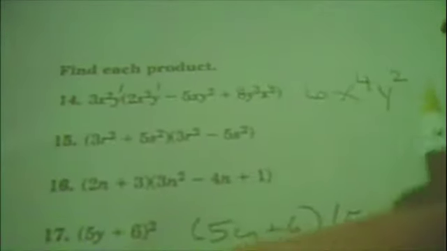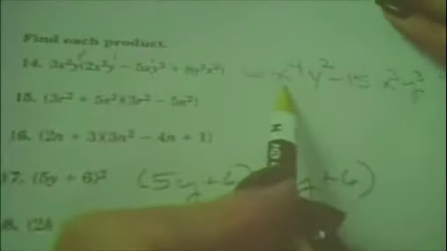Then 3 times negative 5, negative 15, x to the 2 plus 1 is 3, y to the 1 plus 2 is 3, plus 3 times 8 is 24, x to the 2 plus 2 is 4, y to the 1 plus 3 is 4. Now, none of these terms are alike, so we cannot combine them, and that would be your answer.